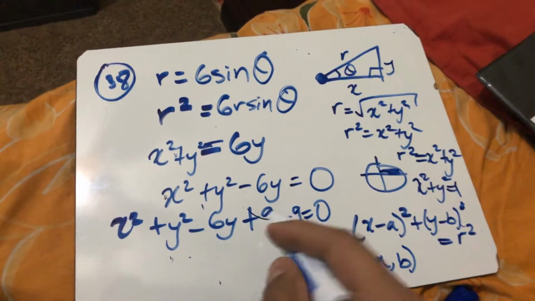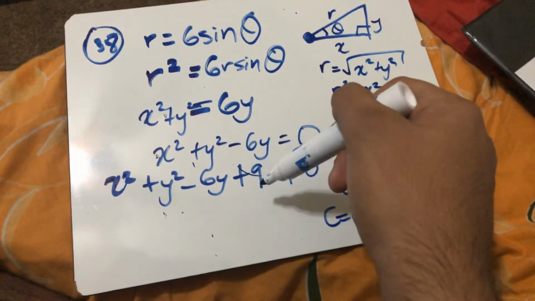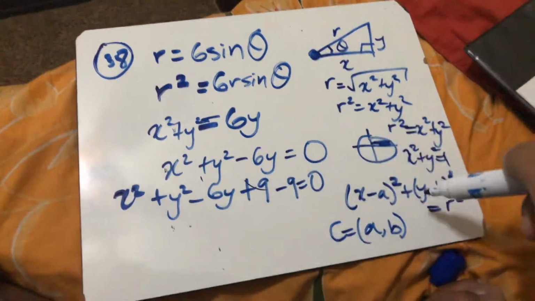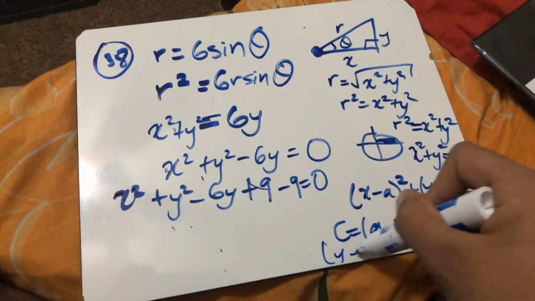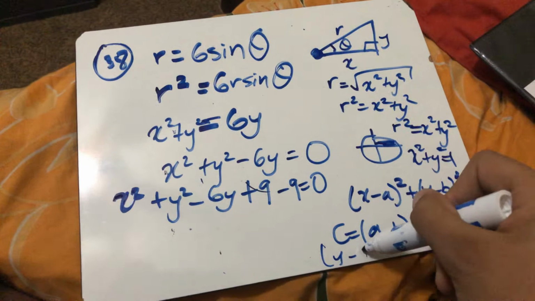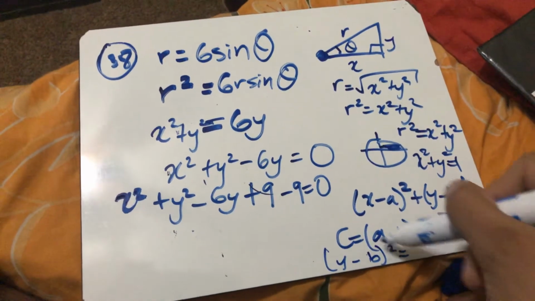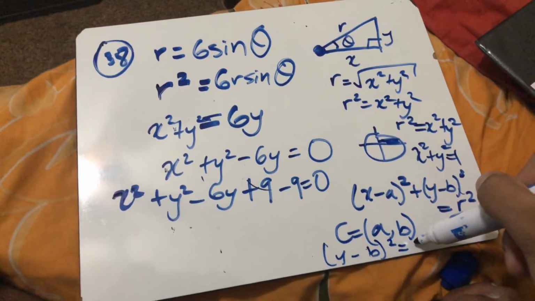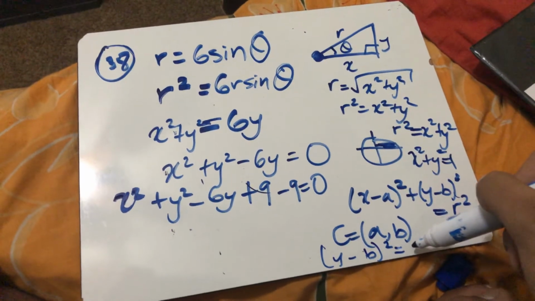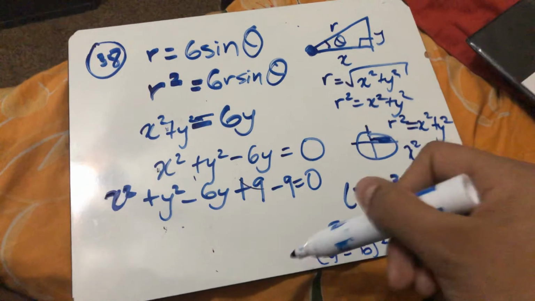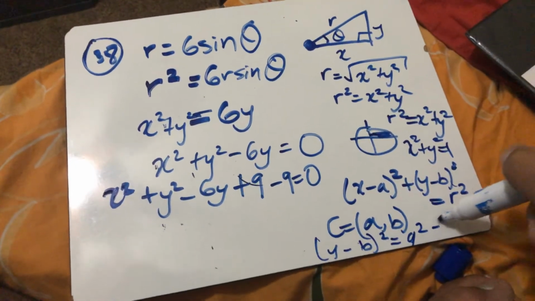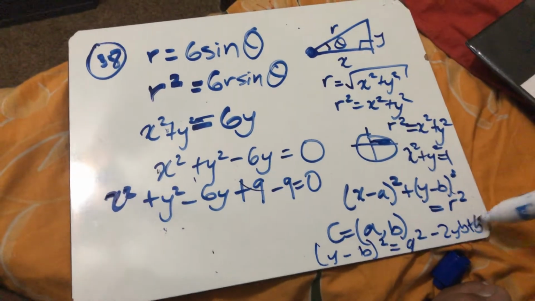A lot of you might wonder, where did I get this 9 from? Well, I know the identity for a perfect square, some a plus b or a minus b, that whole quantity squared. In terms of y and b, it'll be y squared minus 2yb plus b squared.